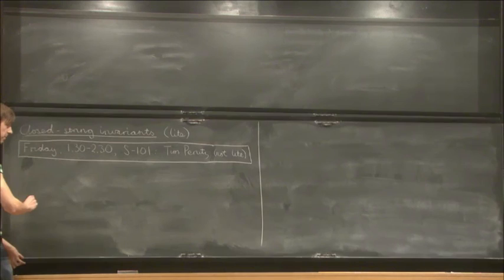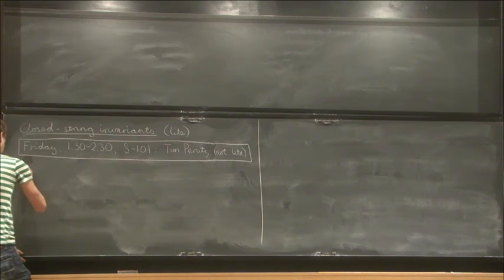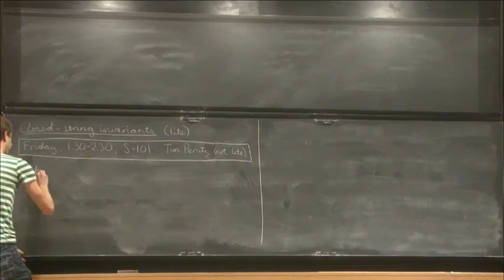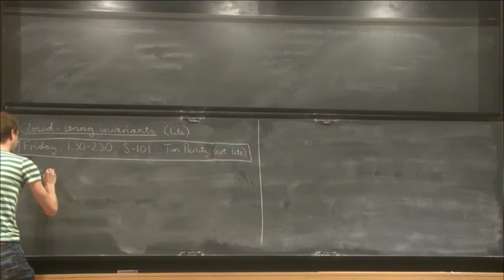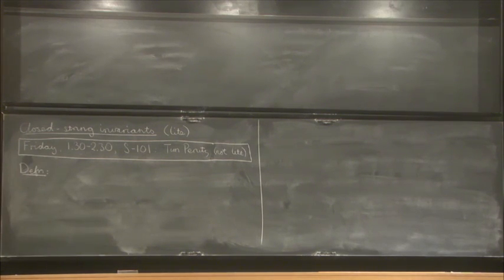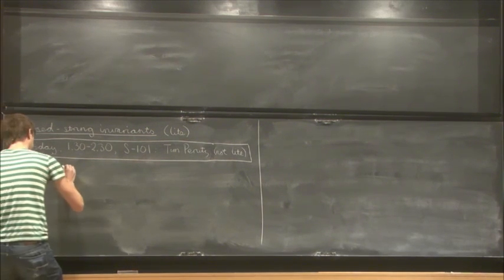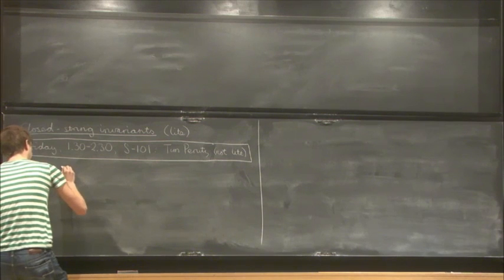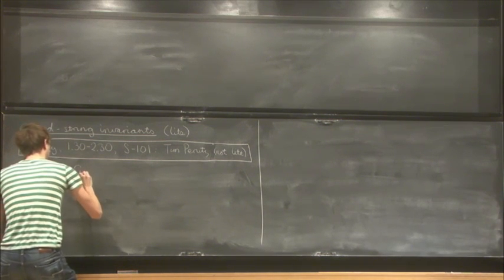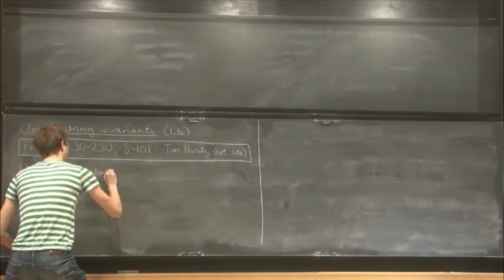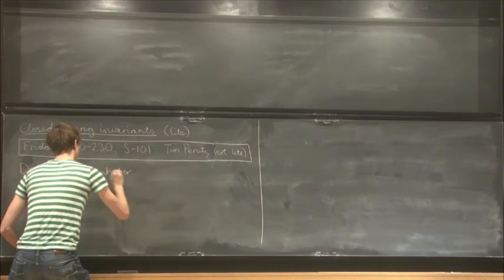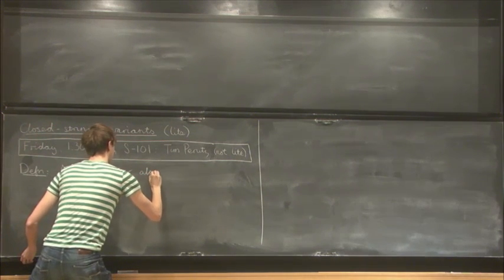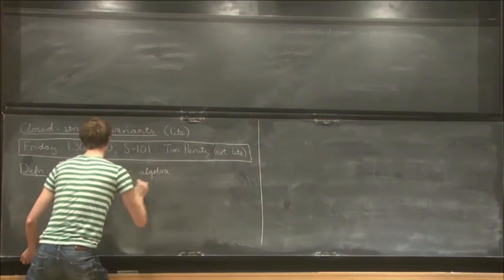Okay, so first let me tell you what structure we're going to try to see in the closed string invariants. It's part of the structure. So, a Gerstenhaber algebra.